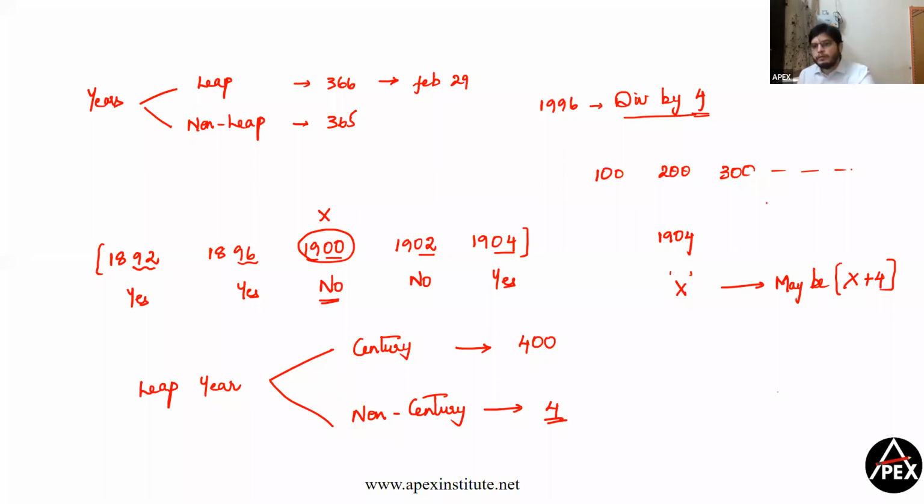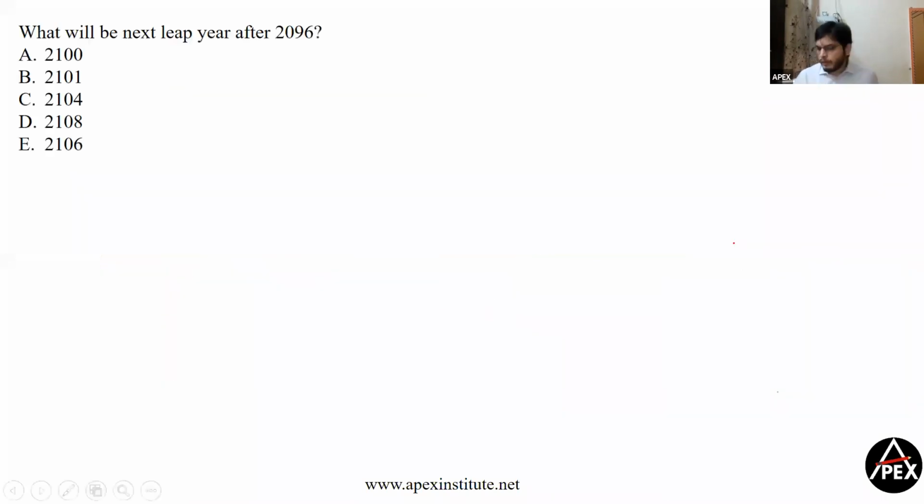Yes, perfect. I have written here "may"; I didn't write that X plus 4 will be a leap year. Now let's see why. So what will be the next leap year after 2096? I'll give you 30 seconds.